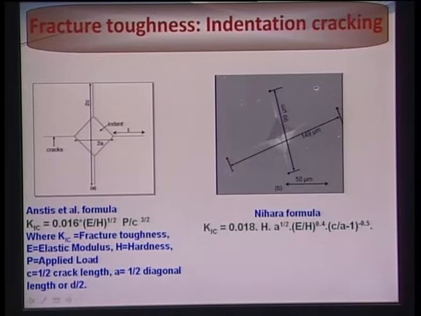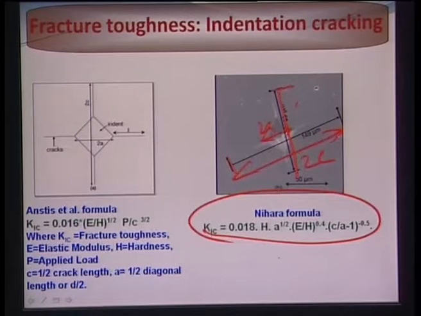For example, if this is 2C, that is the total crack length, in both longitudinal and transverse directions you can measure this 2C crack length, and then based on the diagonal 2A, you can adopt different formulas, like the formula proposed by Niihara, which tells you that K1C is nothing but 0.018 multiplied by root of E by H. A is the half Vickers diagonal, E is the elastic modulus, H is the hardness, C is the half of the crack length. Now if we apply this formula, you can get a value of the fracture toughness of these materials.